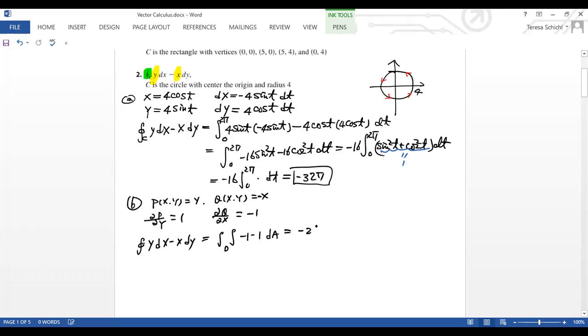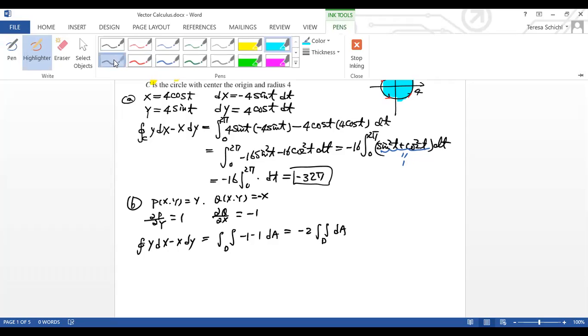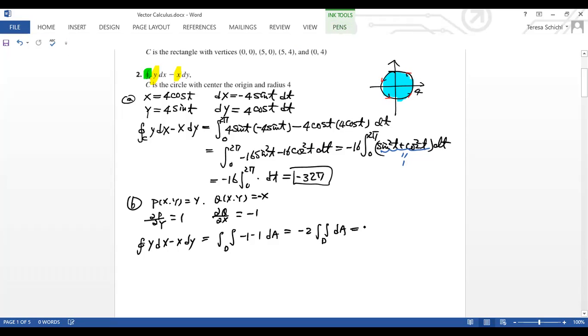This is a negative 2 over this area, dA. That means we are integrating over the area, right? I know this is the circle, so what is the area of the circle? This is pi r squared. So pi r squared, and we get the same answer, negative 32 pi.